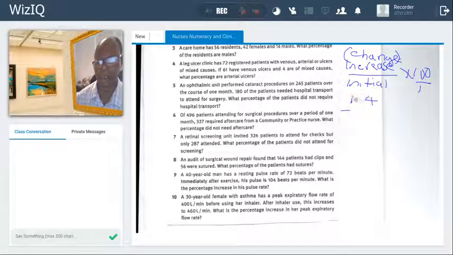So initial is where we started from. That's another way of looking at it.